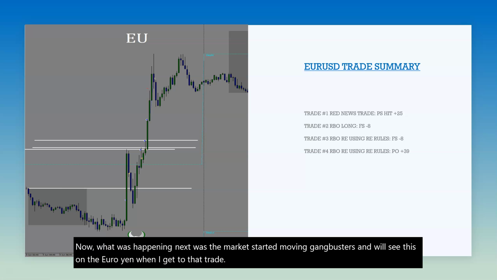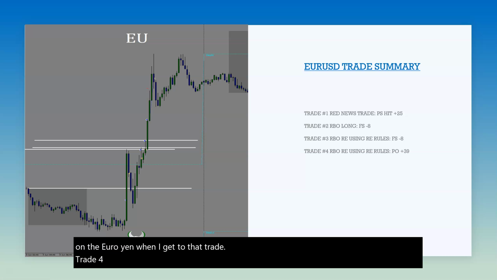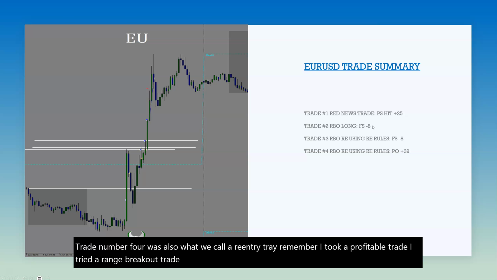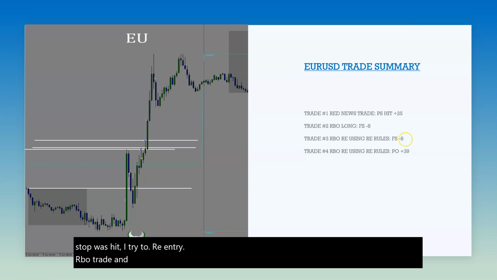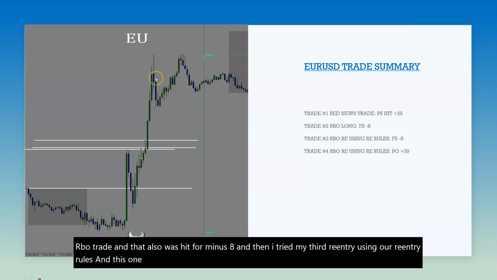Trade number 4 was also what we call a re-entry trade. Remember, I took a profitable trade. I tried a range breakout trade, and my full stop was hit. I tried a re-entry RBO trade, and that also was hit for -8. And then I tried my third re-entry using our re-entry rules, and this one I punched out for plus 39.